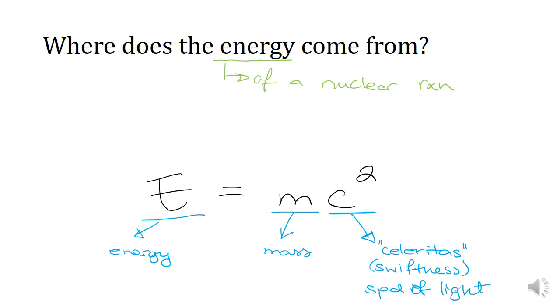So basically what happens when nuclear reactions happen, there is a tiny amount of mass that is liberated. And then by multiplying that by the speed of light squared, it gets turned into energy. So if I lose even a fraction of a gram, because I'm multiplying it by this massive number here, I get a massive amount of energy out.